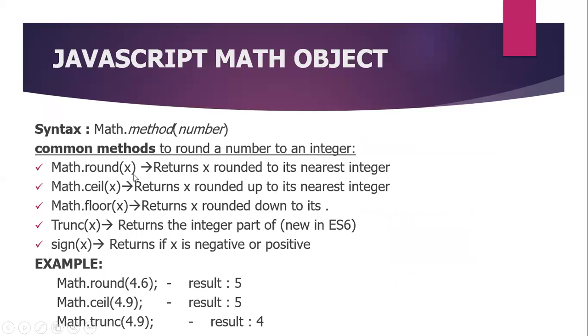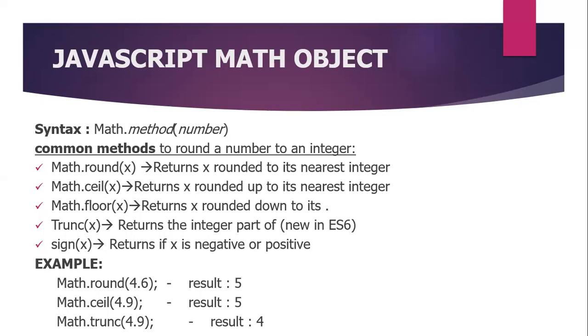Some of the JavaScript Math object methods. The syntax for using mathematical methods is Math.method(number). Math.round(x) returns x rounded to the nearest integer. Math.ceil(x) returns x rounded up to the nearest highest integer.